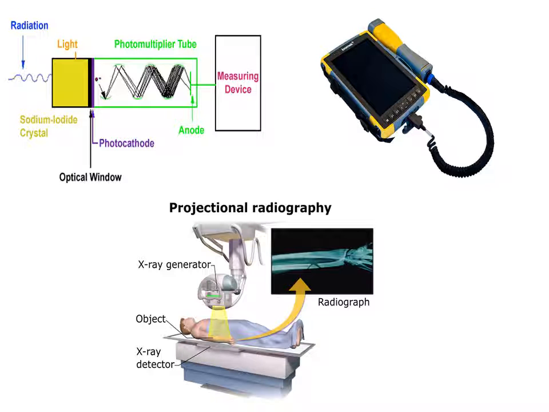So here you can see that you have a photomultiplier tube which multiplies the light, and the measuring device. The projectional radiography, imaging of the hand. So there is the X-ray generator, you will have the X-ray detector at the end, and it will produce the image.